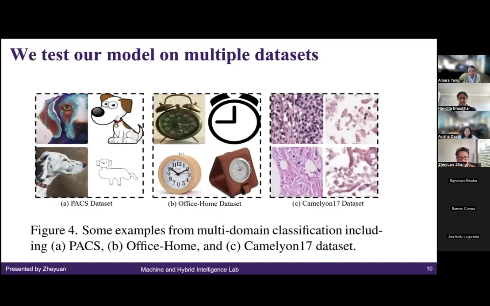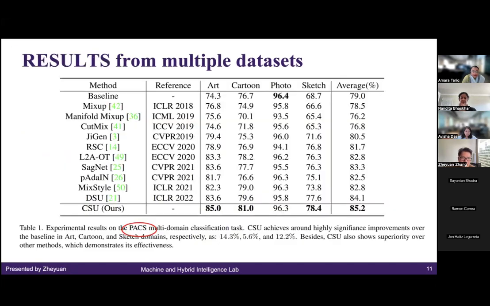We apply the proposed method on several datasets, including natural image classification datasets like PACS and Office-Home, and the medical pathology image dataset Camelyon17.